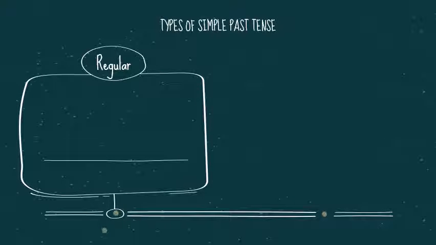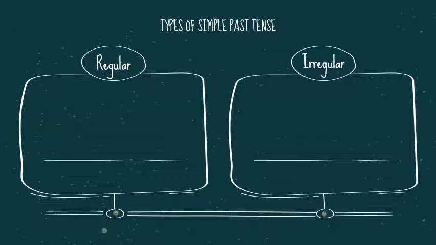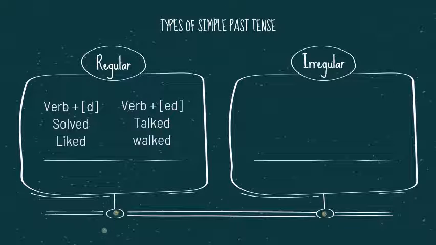Let's look at the types of simple past tense. There are two types: the regular simple past tense and the irregular simple past tense. The regular simple past tense are the ones that you have to add D, for example verb plus D: solved, liked, as well as the ones where you have to add ed to the verb, for example, talked, walked.